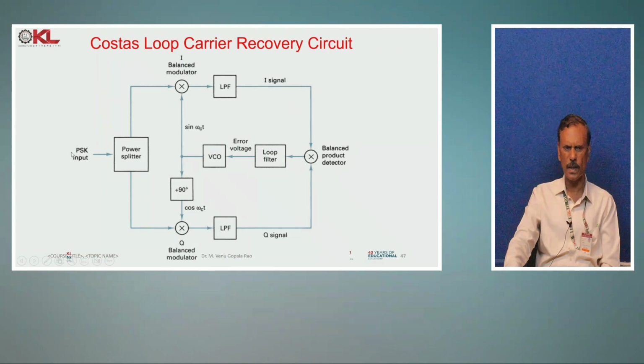The BPSK signal is given as input, and the carrier signal is represented as cos, with a minus 90 degree phase shift giving sine. We multiply the input with these two signals on both sides, followed by low pass filtering. Then we multiply the two outputs and apply the result to the VCO, the voltage controlled oscillator. The phase and frequency of the input BPSK are tracked by the voltage controlled oscillator, so that the output is exactly the frequency and phase of the BPSK signal. This is another type of circuit.